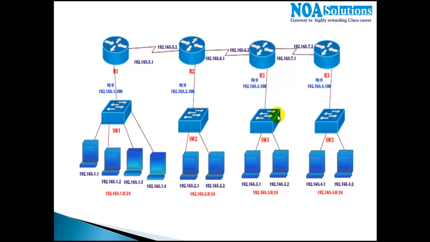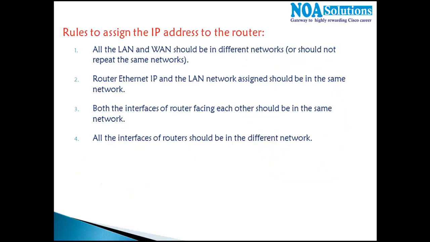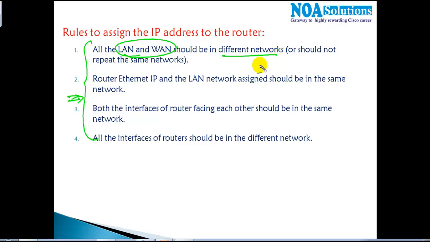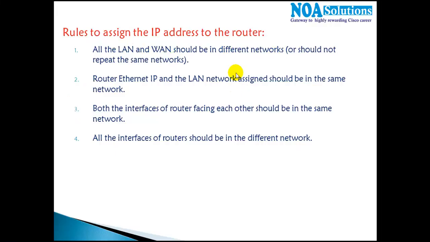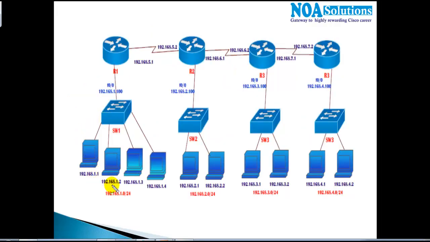So one thing you need to keep in mind whenever you are assigning the IP addresses, we need to ensure that we follow these rules, the 4 rules we can say. The first rule, let me quickly repeat this one. All the LAN and the WAN must be in different networks, which means if I'm using the 192.168.1 dot network, you cannot use the same network again.